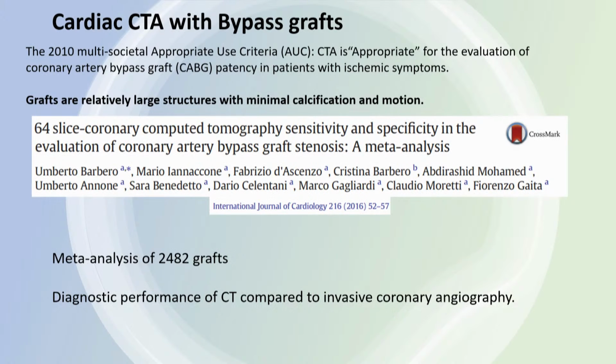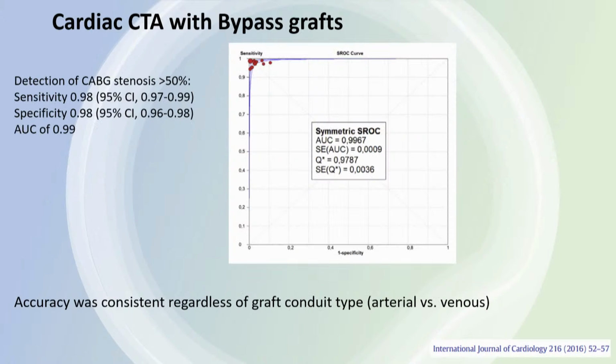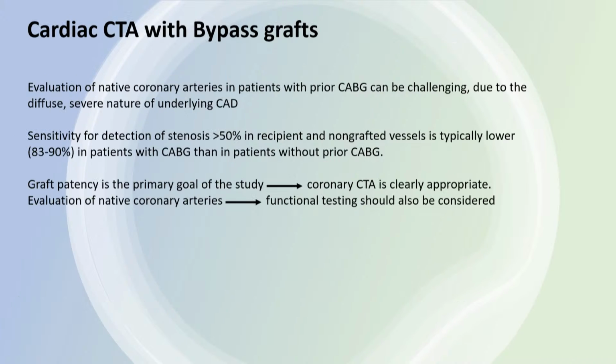This is a meta-analysis that looked at 2,482 grafts and looked at the diagnostic performance of CT for diagnosing graft stenosis compared to invasive cardiac cath. And basically, it's excellent. The AUC is 0.99, sensitivity 98%, specificity 98%, and the accuracy was consistent whether it's an arterial graft or a venous graft.